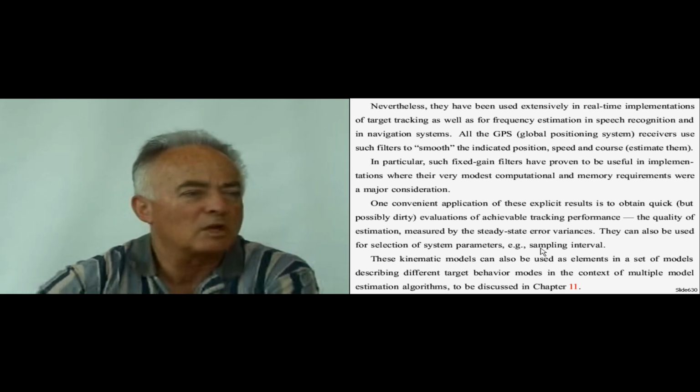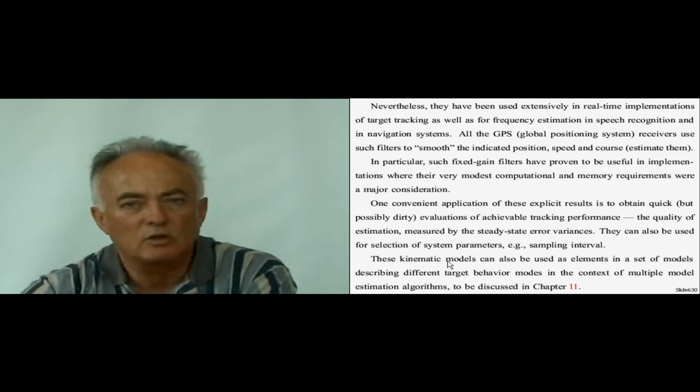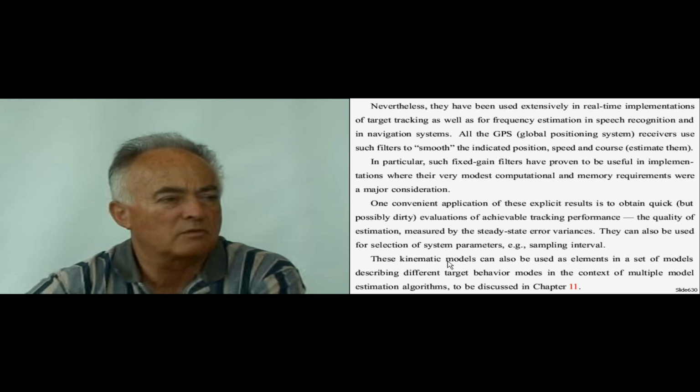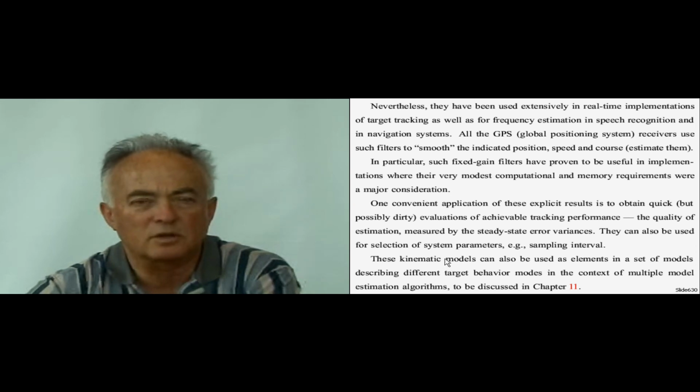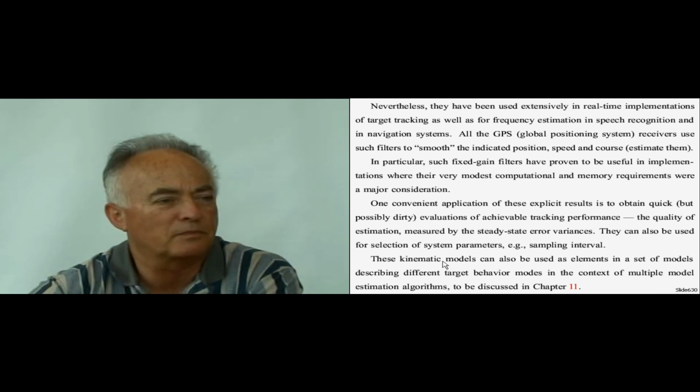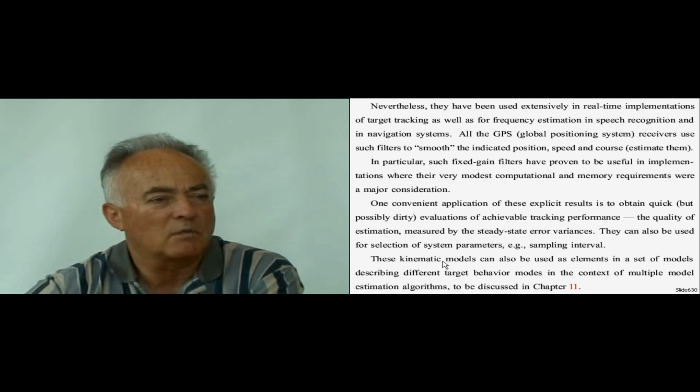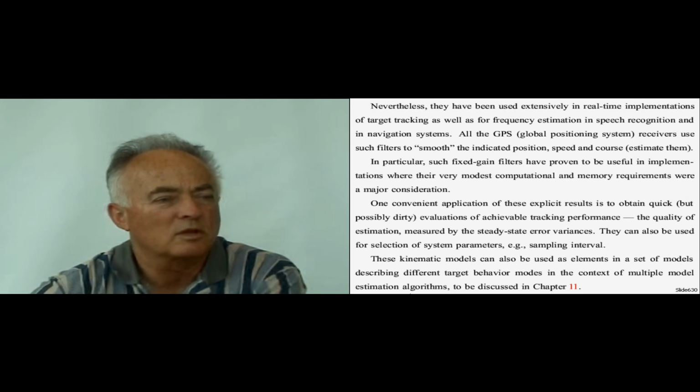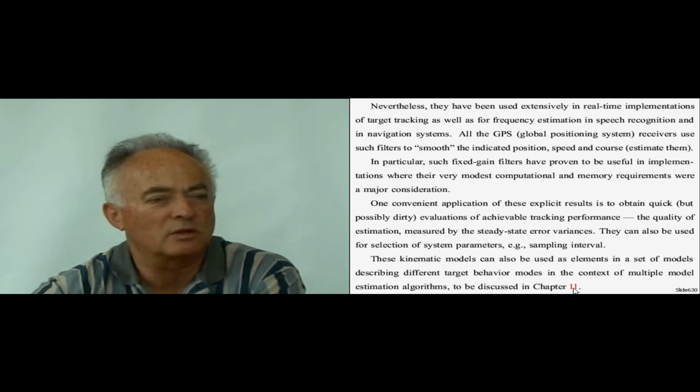Now, these kinematic models today are not used as much by themselves, even though there are many legacy systems running on alpha-beta filters. They can be used as elements in a set of models describing different target behavioral modes in the context of multiple model estimation algorithms. That will be the topic of chapter 11 we'll cover in a number of lectures down the line.